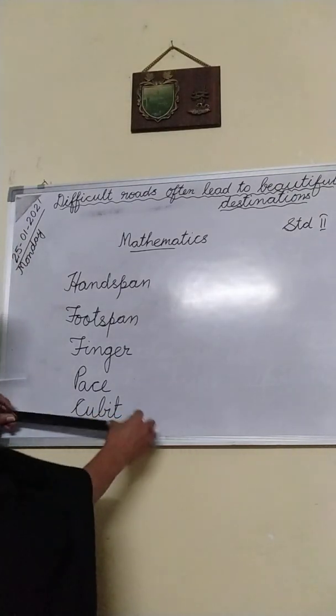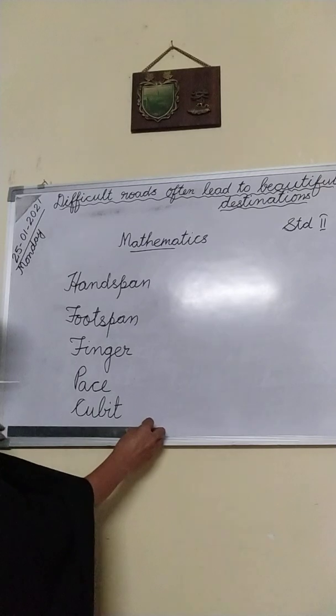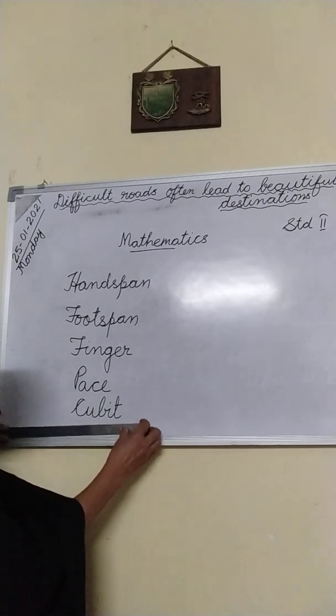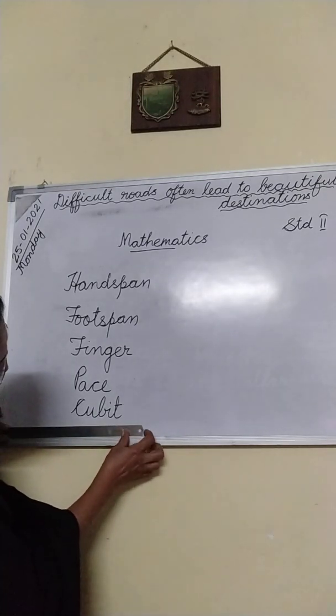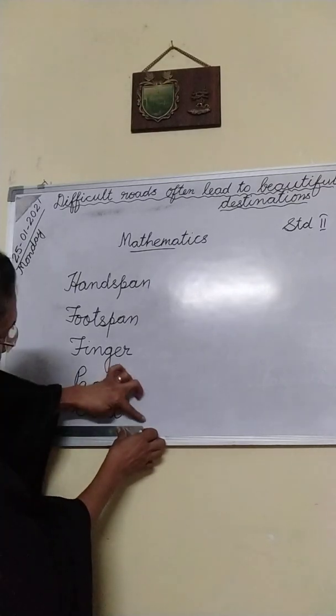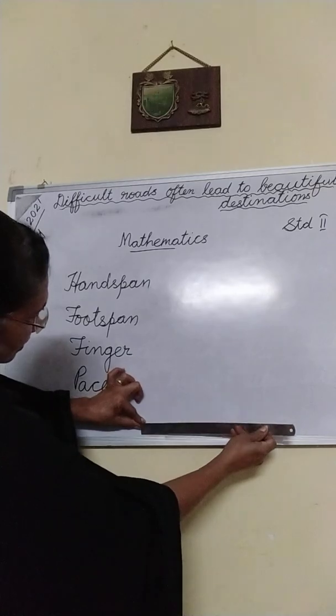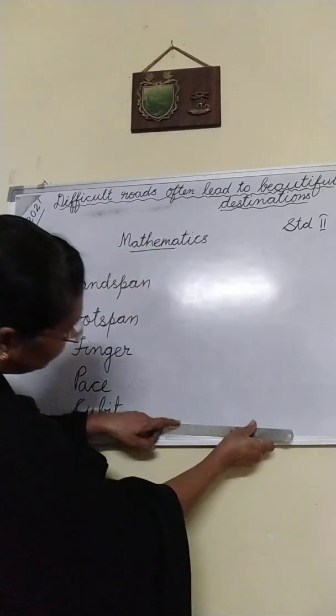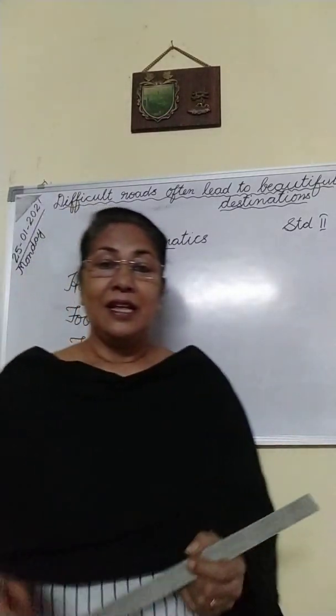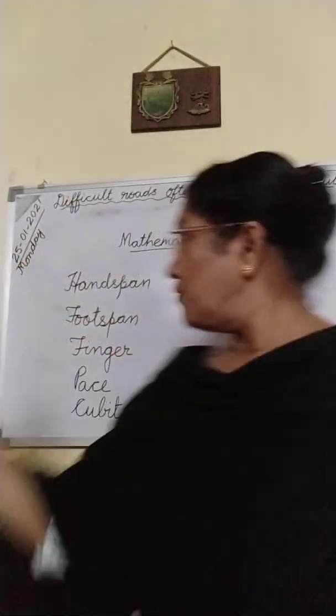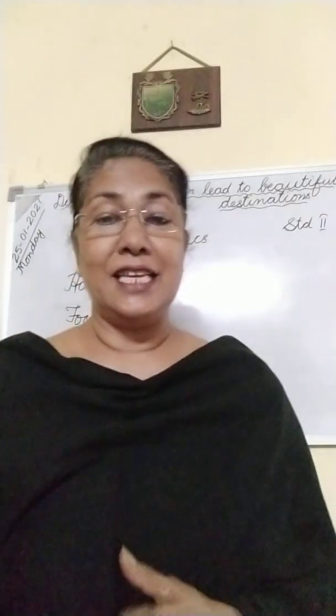So I keep my scale here and measure it. Now it is 30. Now I'll mark here. This is the half of it. 10, that is 40. So half of this board is 40 centimeters.